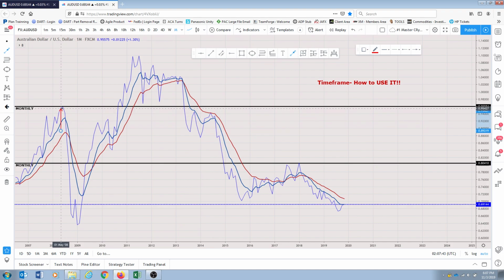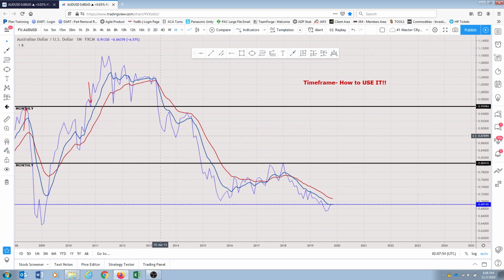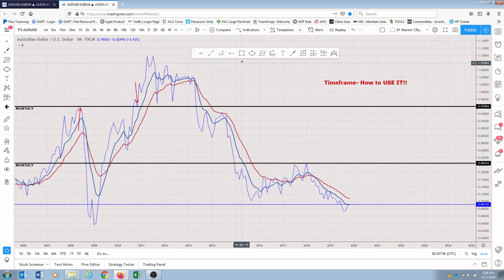See how it's coming up and it touches from the bottom? I'm just quickly reviewing how to find them, and right here, see how it touches from the top? Well, now we know that's a valid monthly line. So we're not going to review how to find support and resistance. I'm just showing you how I found these levels.